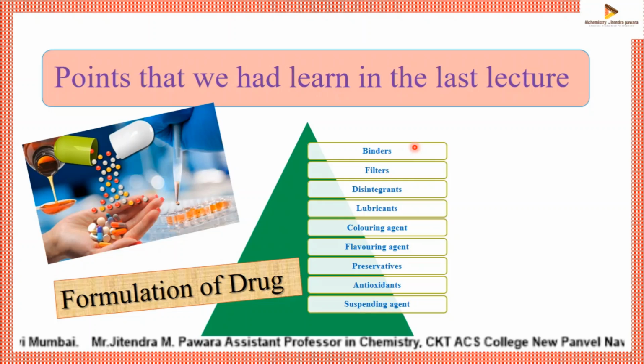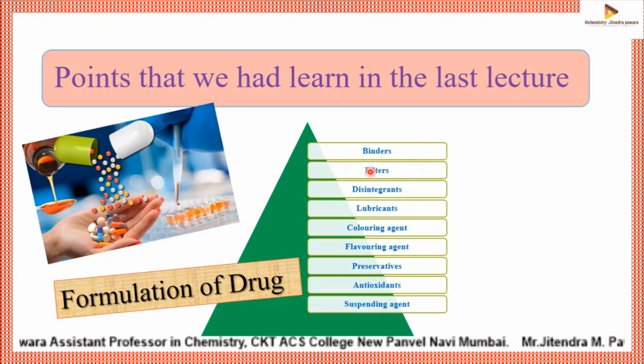The role of a binder is to convert a free flowing powder containing a mixture of ingredients into a tablet, and it also provides cohesiveness to the tablet. Examples of binders are starch paste, gelatin solution, and cellulose solution.